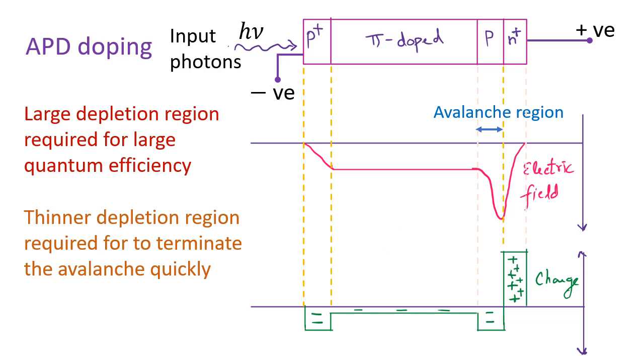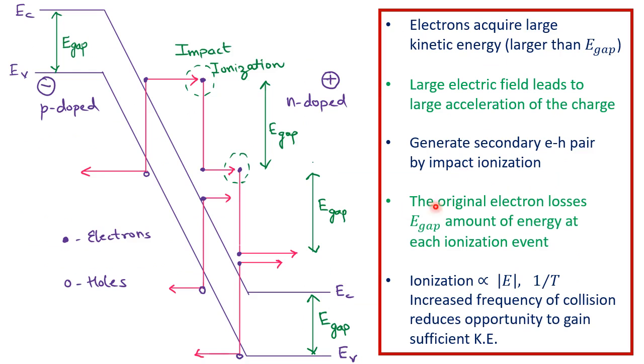The quenching of the avalanche quickly is as important as the creation of the avalanche if you want to improve the response time of a detector. All these beautiful features have been put together smartly by engineering this kind of doping within the semiconductor.